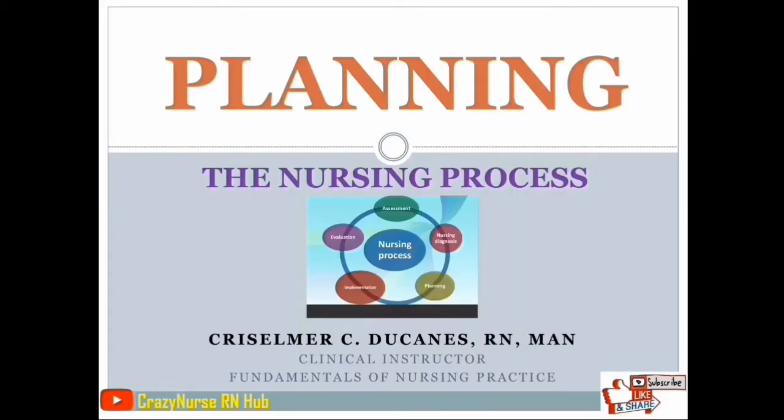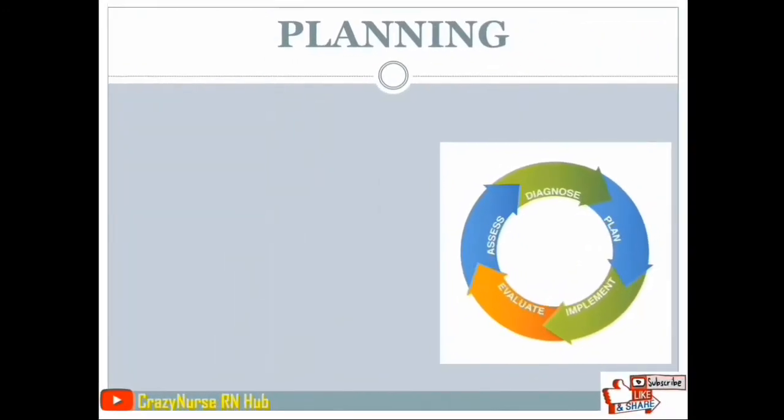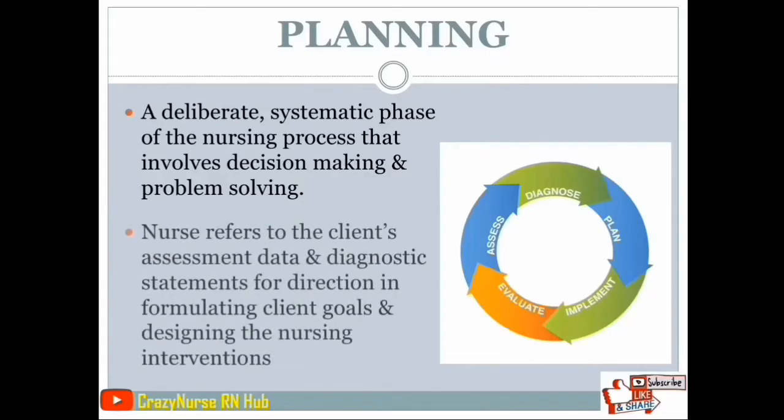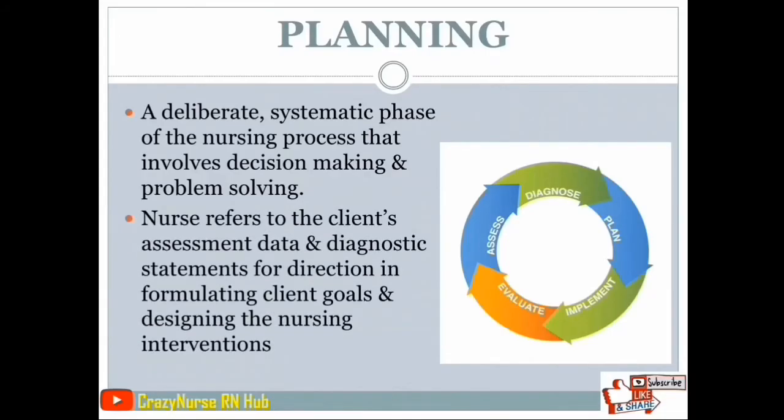Now let's proceed to planning, which is the third phase of the nursing process. Planning is a deliberate, systematic phase of the nursing process that involves decision-making and problem-solving. In planning, the nurse refers to the client's assessment data and diagnostic statements for direction in formulating client goals and designing the nursing interventions required to prevent, reduce, or eliminate the client's health problems.